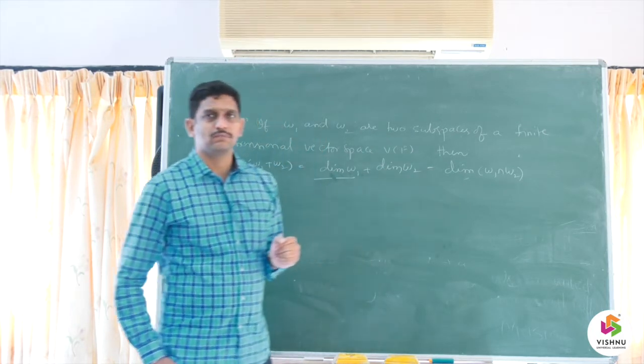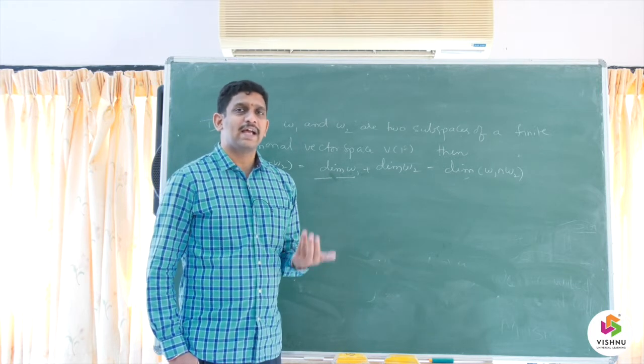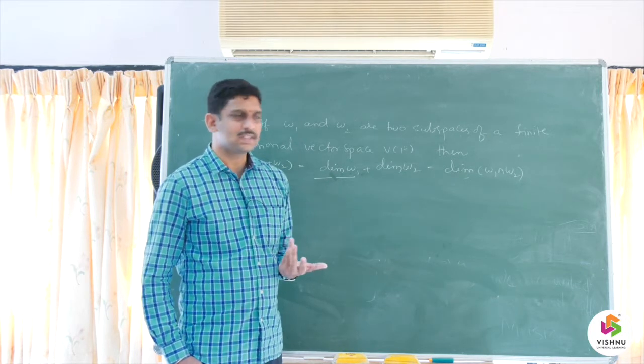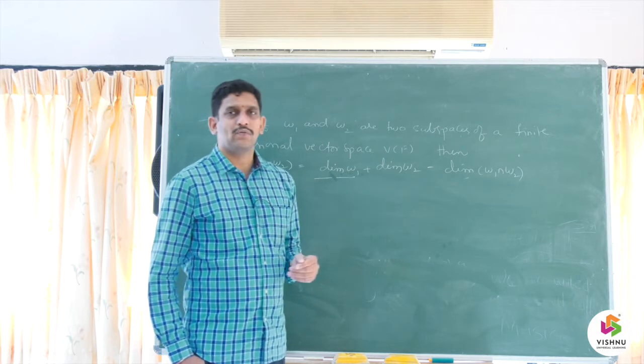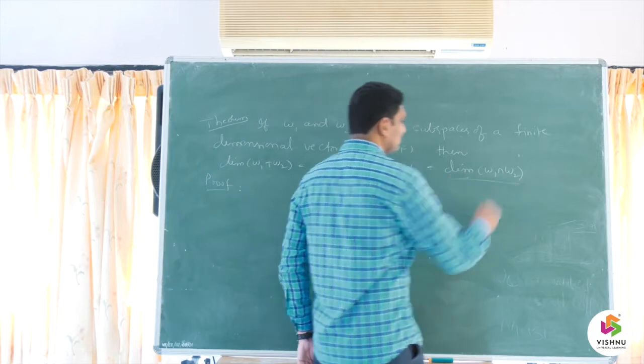Dimension of W2. First of all I should know what is the basis for W2. Then I will calculate how many elements are there in that basis. Then we know the value of dimension of W2. Similarly for the intersection.